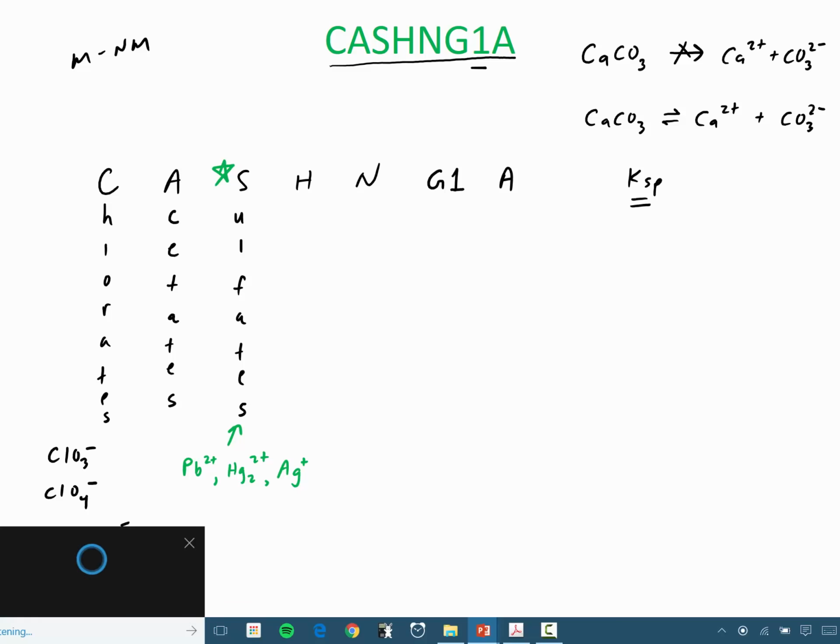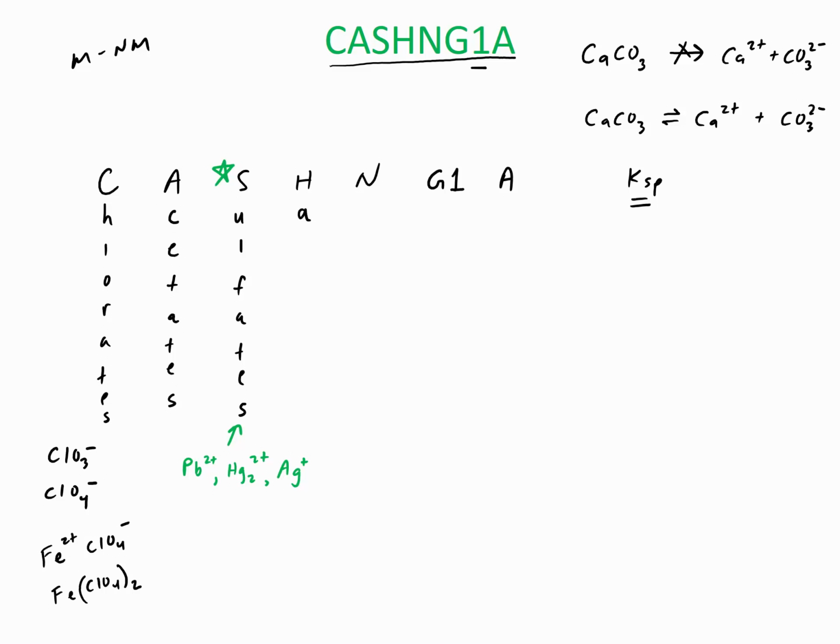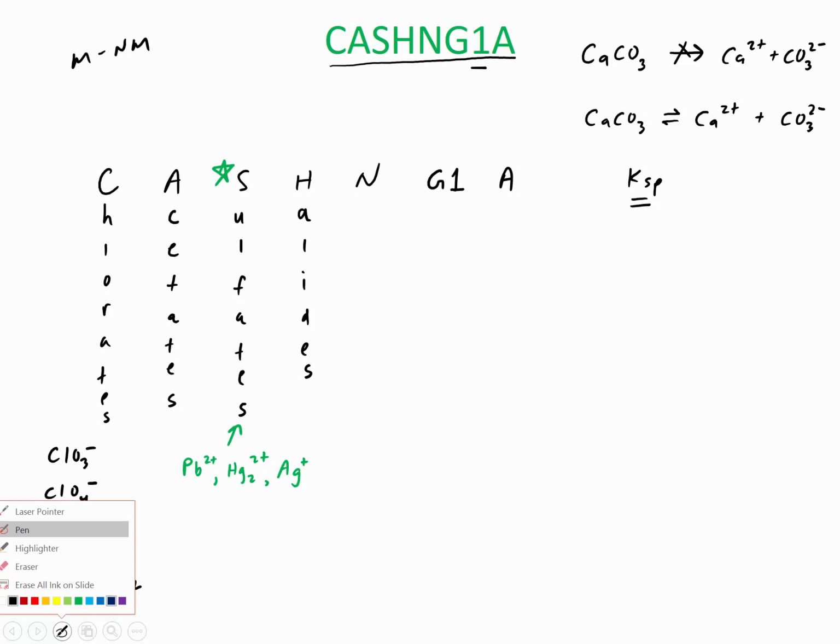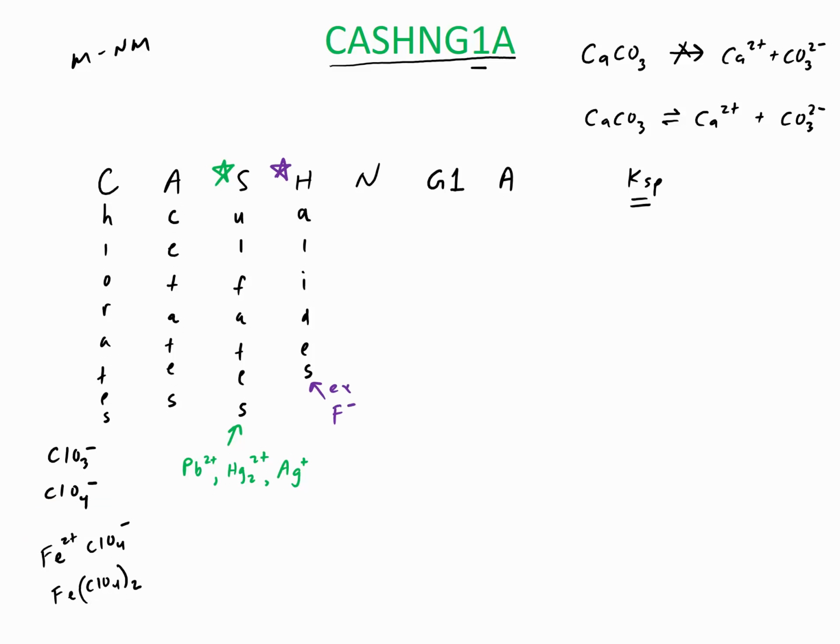The H stands for halides, except fluorine. N stands for nitrates. I believe one of the exceptions was AgCH3. I think this one is kind of in a gray area, but I'm going to have to look back at that one.